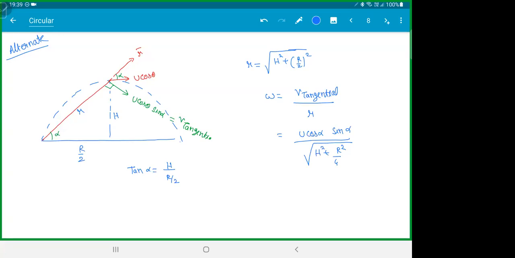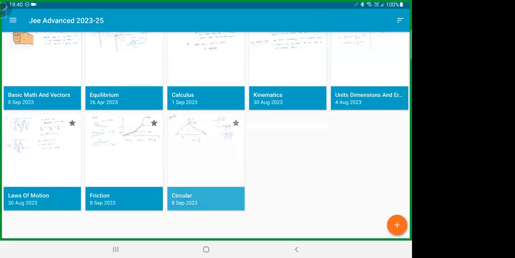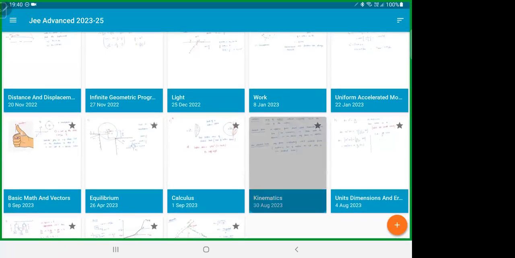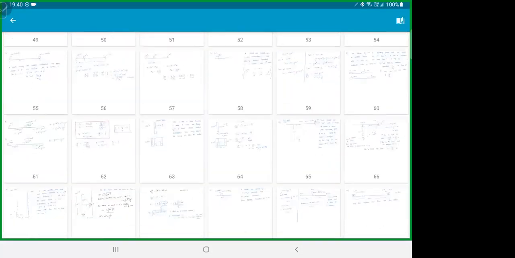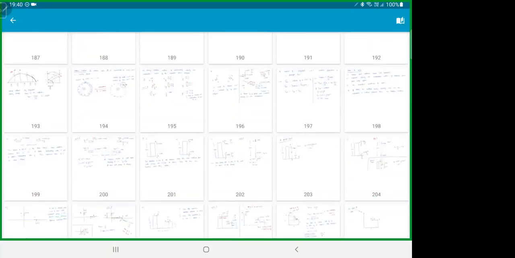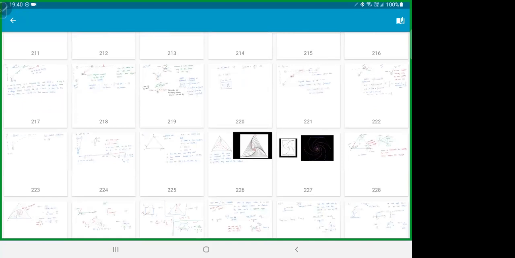And do you guys remember what is this component? I told you this will come again. Anyone remembers? Where did we do this? First time we saw that in vectors actually.